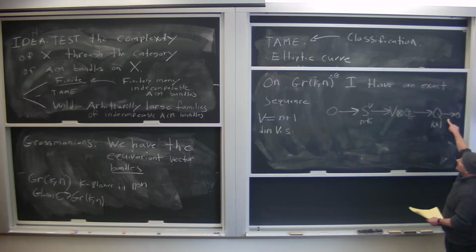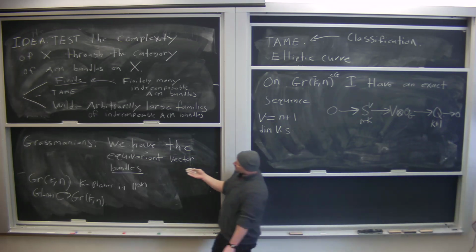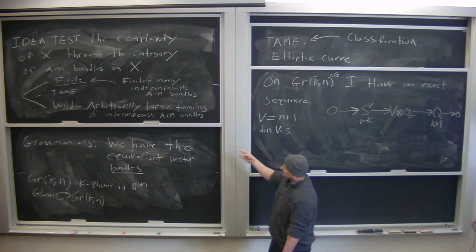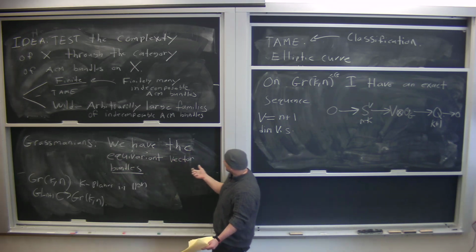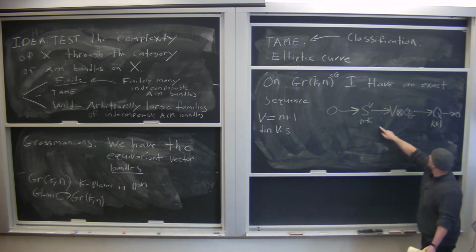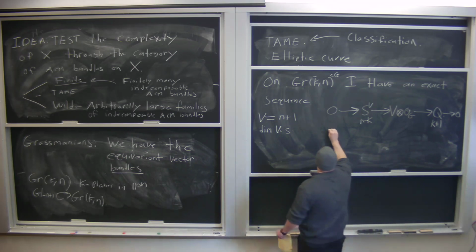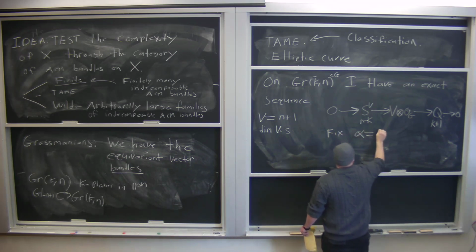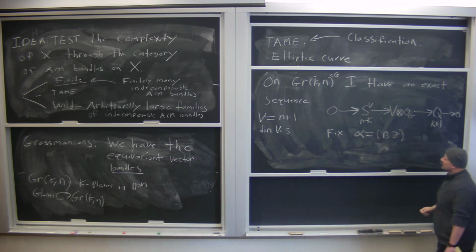So we have these things here, and the point is that all of the homogeneous or the equivariant vector bundles on here, the indecomposable ones, can be built out of these two things. So we'll fix alpha, which is going to be beta and gamma.